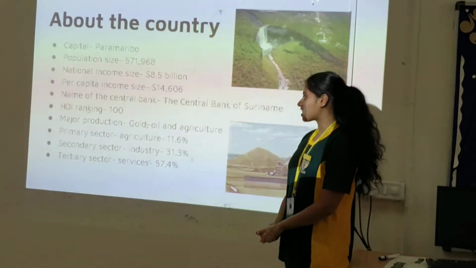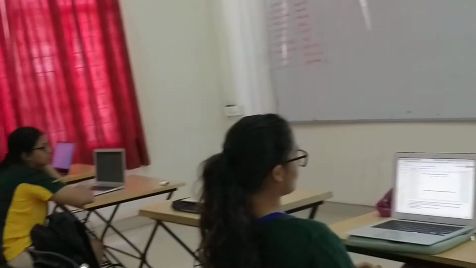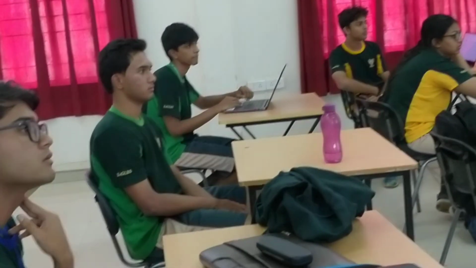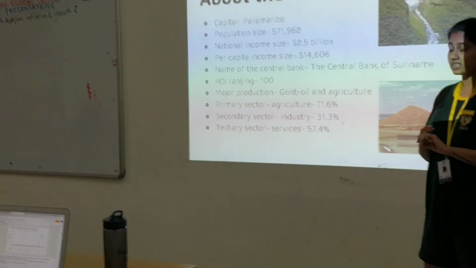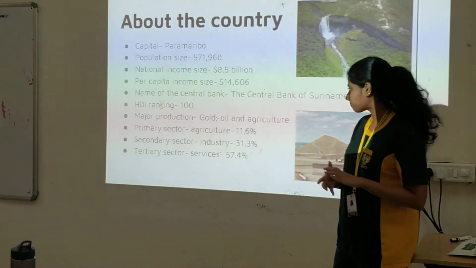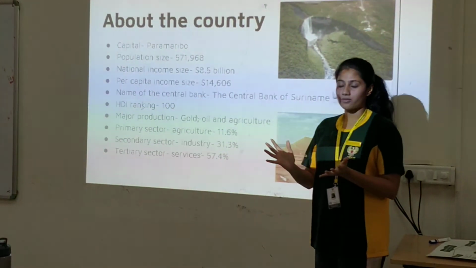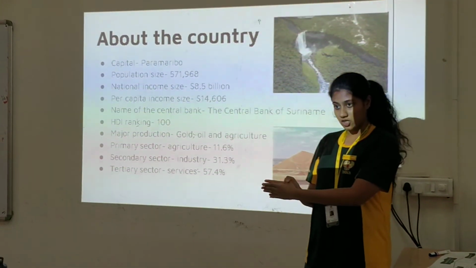Then the HDI ranking is 100, and major production is gold, oil, and agriculture. This is the current situation where they're focusing on gold, oil, and agriculture. Before, they were focusing on bauxite production. The whole economy is constituted of the primary sector, secondary sector, and tertiary sector.